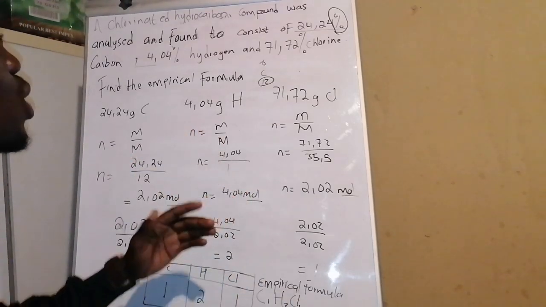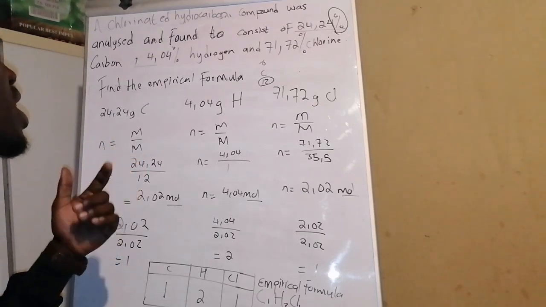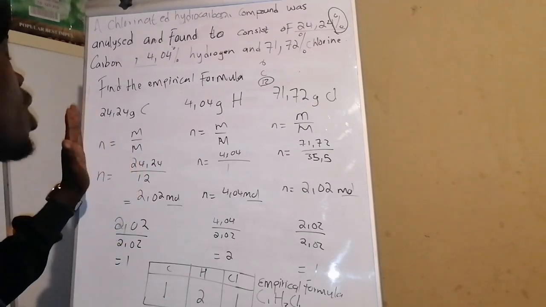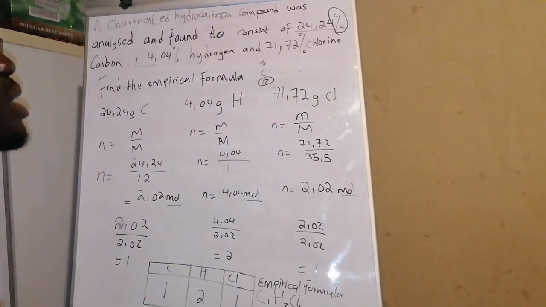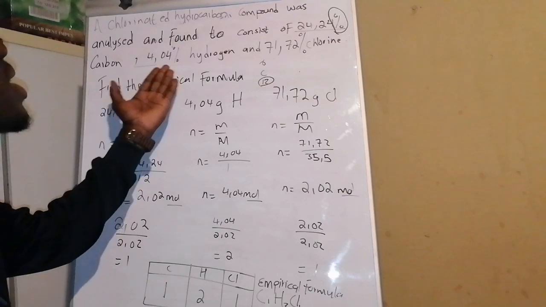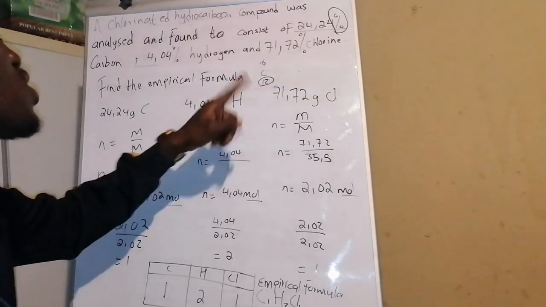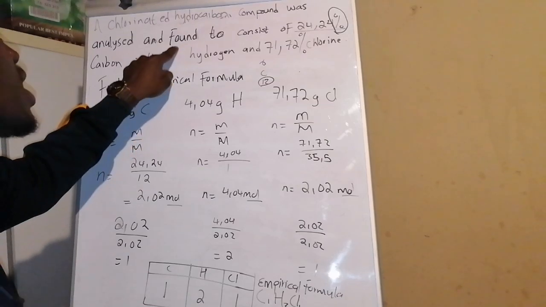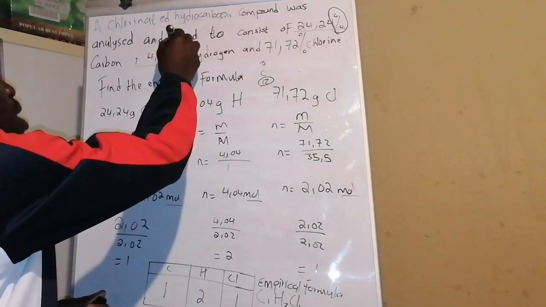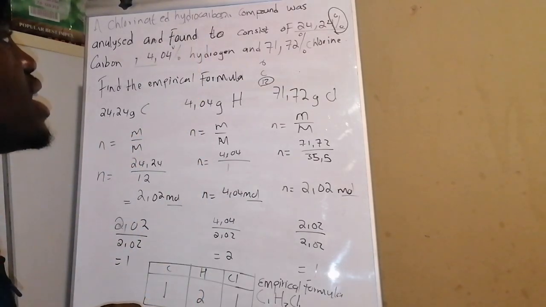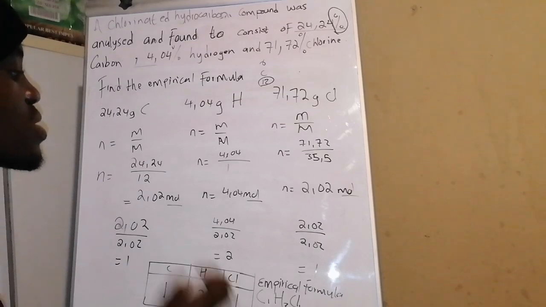But the first thing for you to know is to calculate the number of moles for each element that you are given in the statement. Now you'll be given percentages. What you must do, you convert those percentages to grams, but you are only removing the percentage and putting the gram. It's not that you multiply or divide to convert percentages to grams. No. So this is the first example.